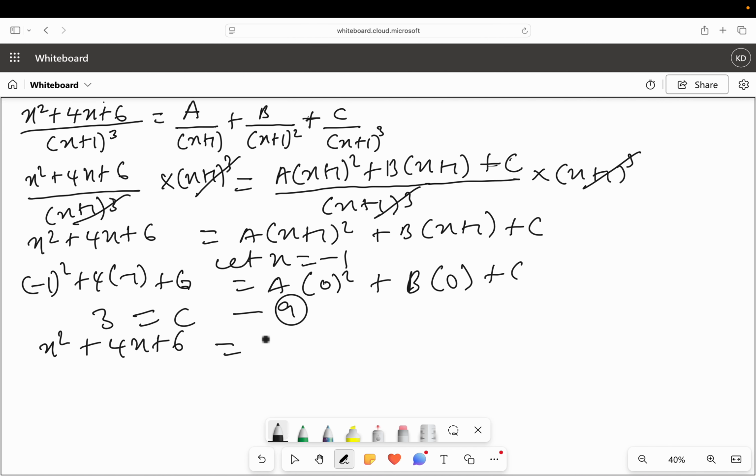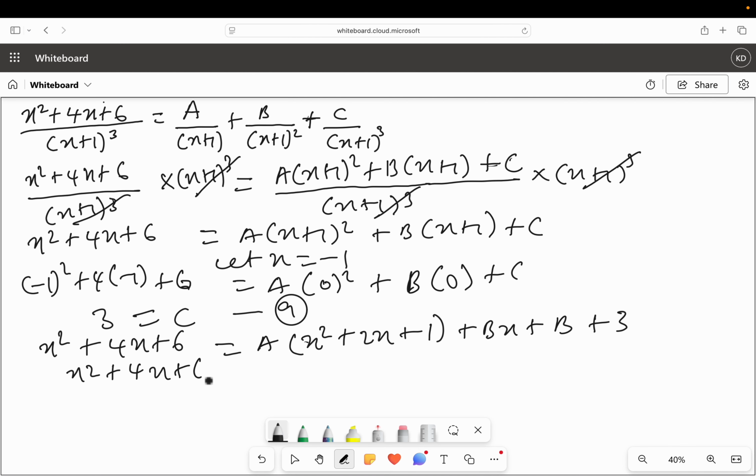So let me expand this. So I will have a into s plus 1 squared, which can be expanded to s squared plus 2s plus 1. Then I have bs, b times s. Then I have b. Then I have my c, which is already computed to be 3. So it means I have s squared plus 4s plus 6. So let me collect like terms.